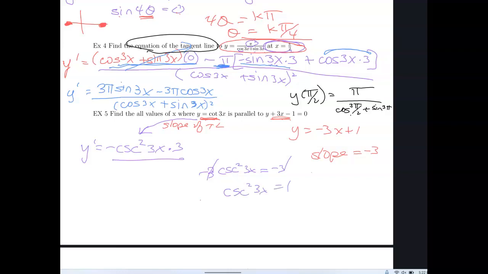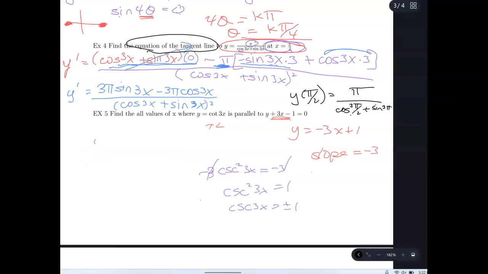So you know when we take the square root, we get a plus or minus, right? So I've got two equations going on. So I'm going to have the equation cosecant of 3x equaling 1.